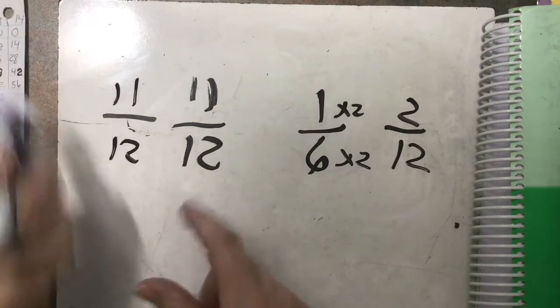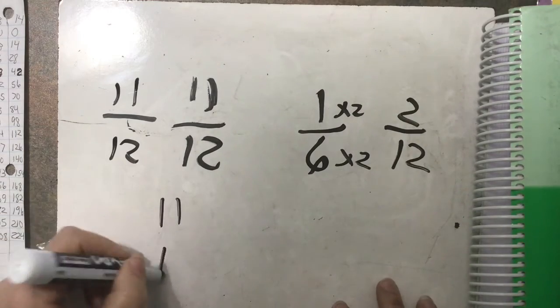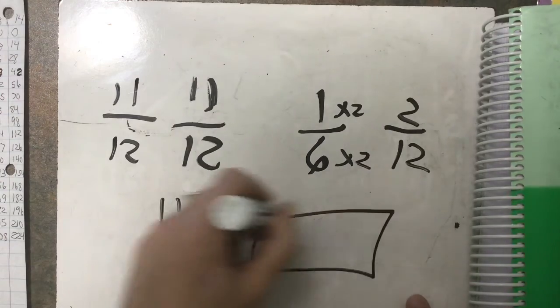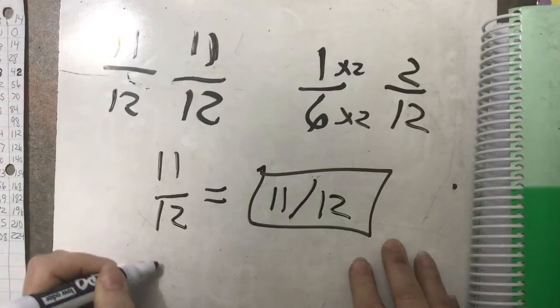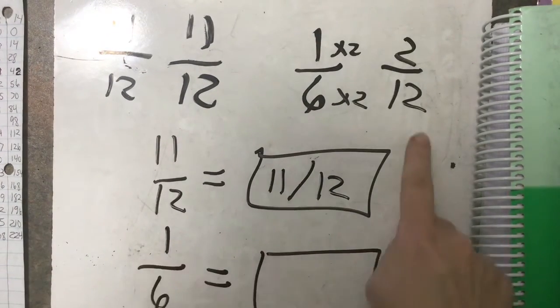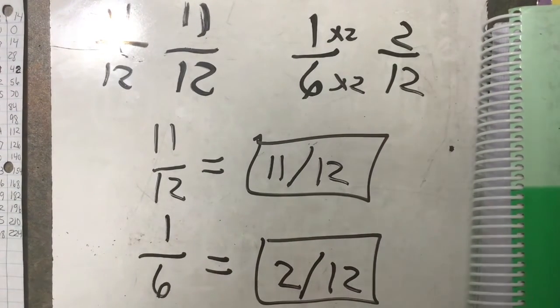So what I would type in is, they have on the screen, it looks like this, and then they give you a box. And so you're just going to type in 11/12ths, just like that. And then next to 1/6, they have a box. And so you're going to type in 2/12. Okay? So that's how you work those problems.